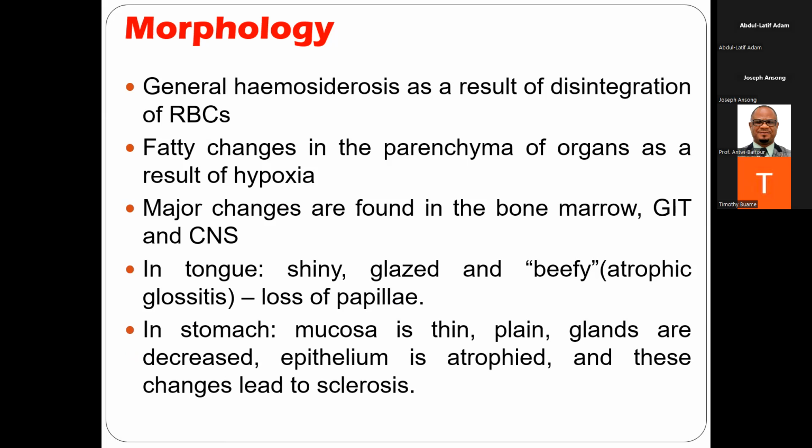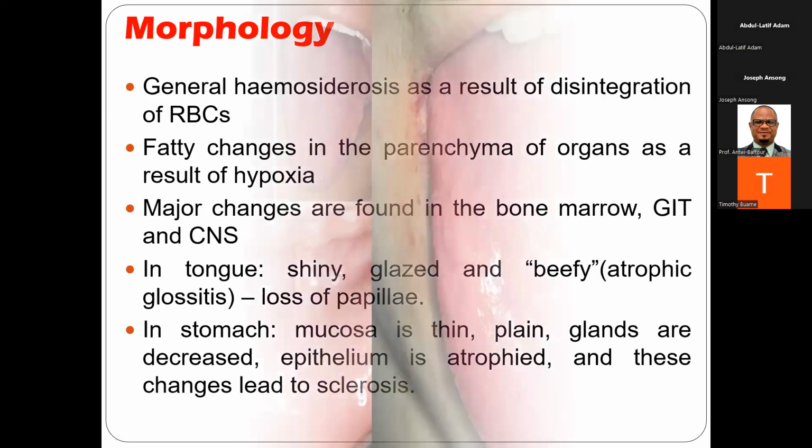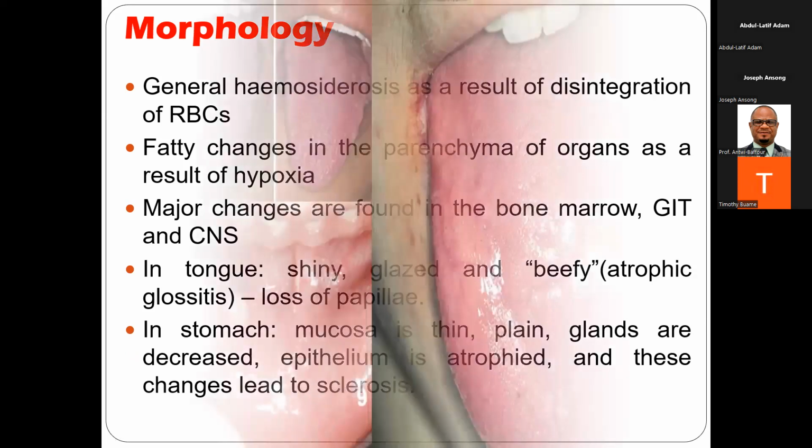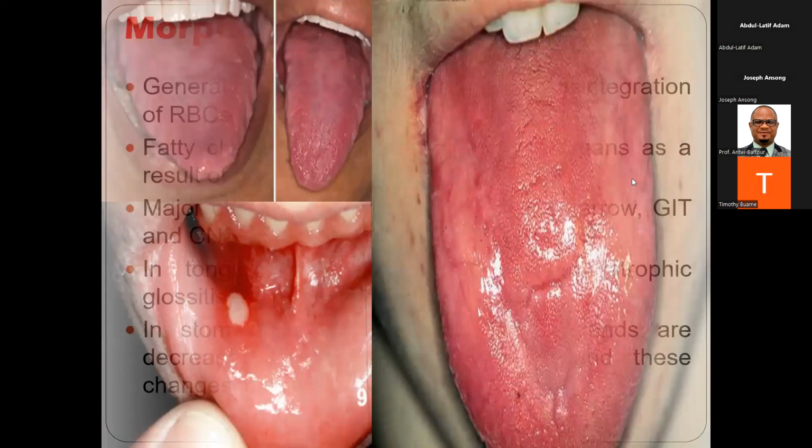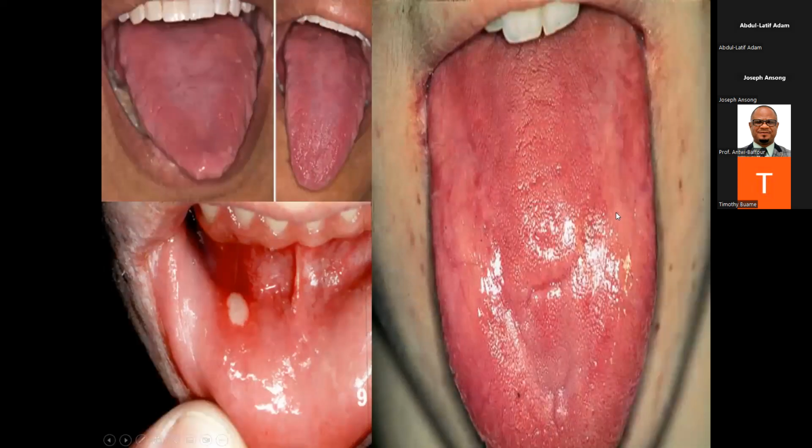In fact, these things are usually seen in pathology. The mucosa is thin, plain, blunt, and the ileum is atrophied. This is leading to sclerosis. Okay, so this is the picture of the tongue, and it's glossy. You see the shiny part of it.